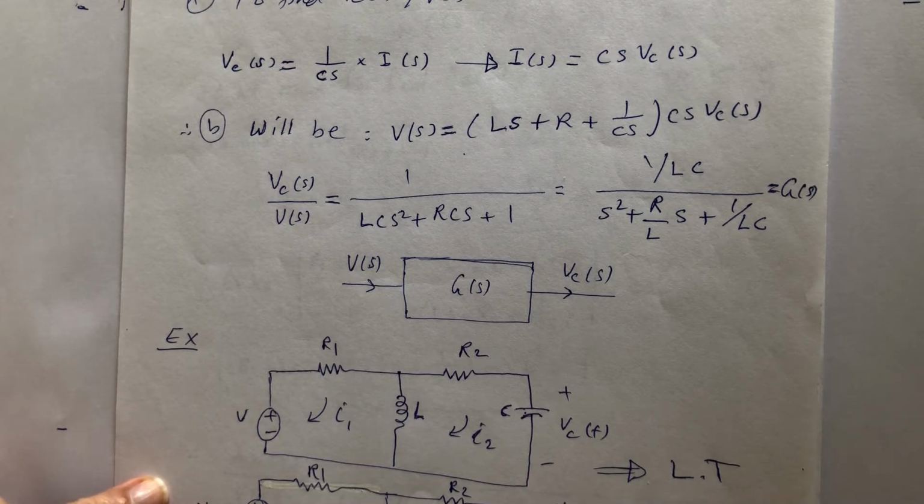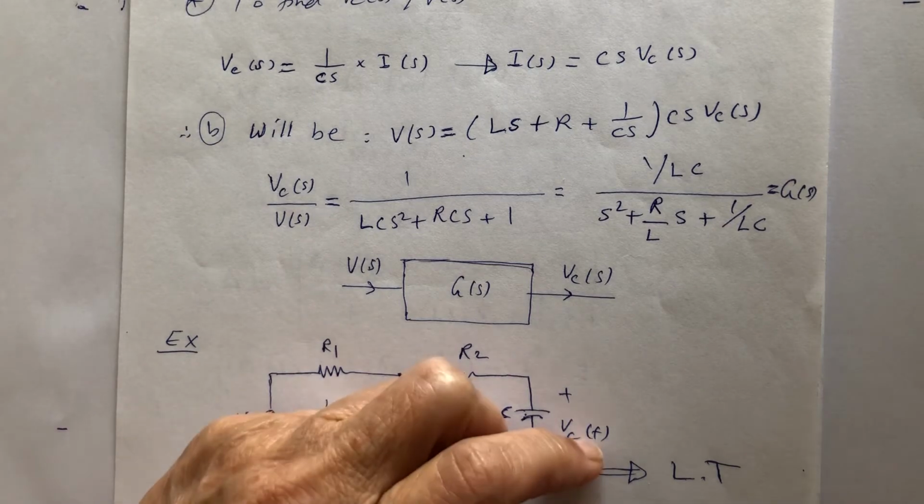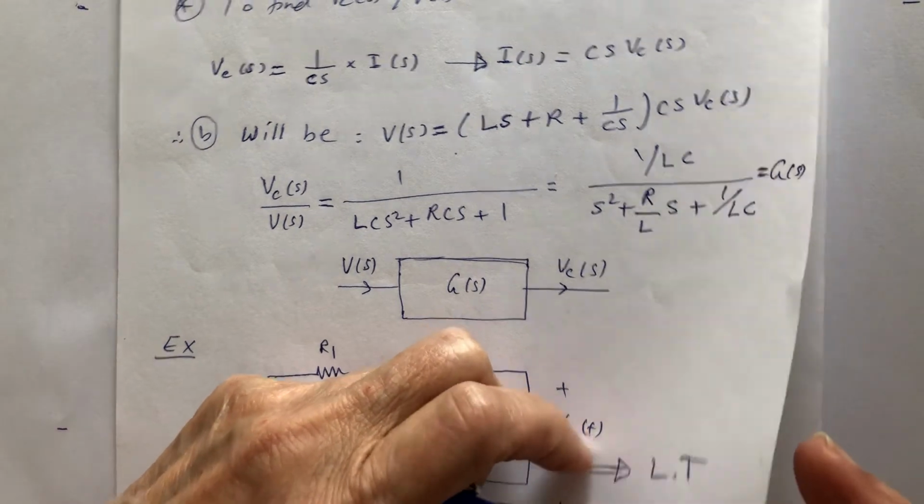Okay, I can move this after the equality. And for this one I say minus LS I1 plus LS plus R2 plus 1 over CS times I2 equals 0. Okay, and these equations are stored on the next page.